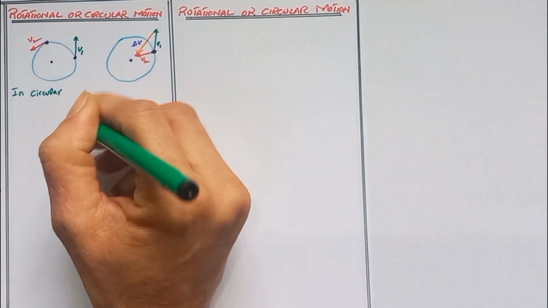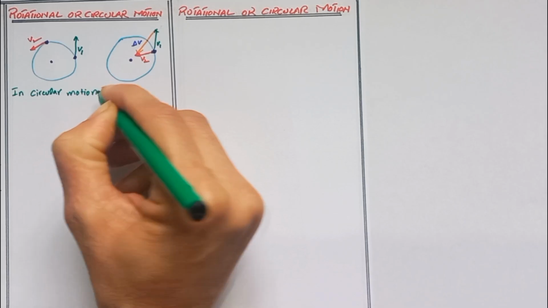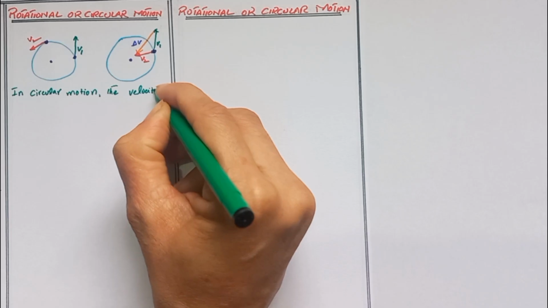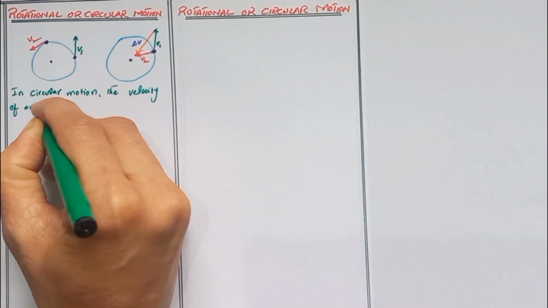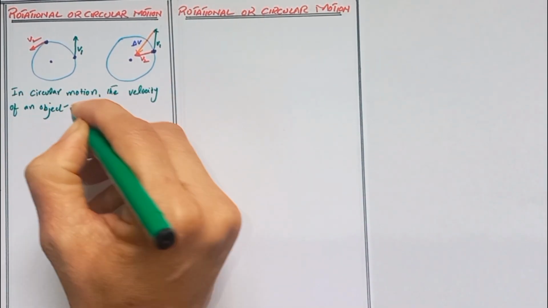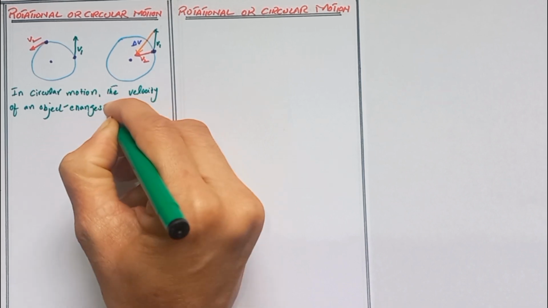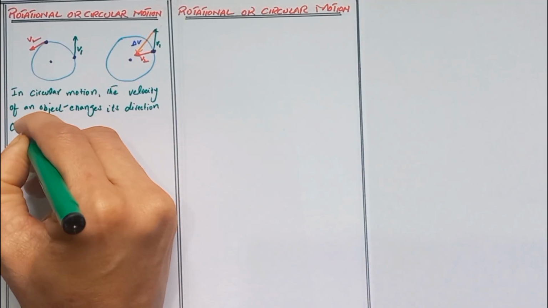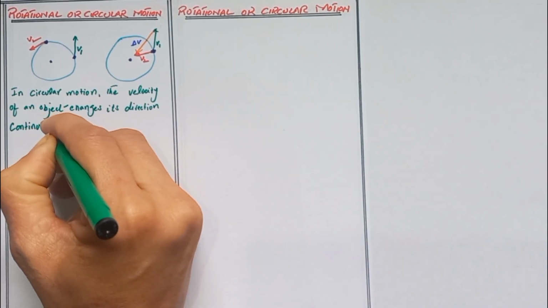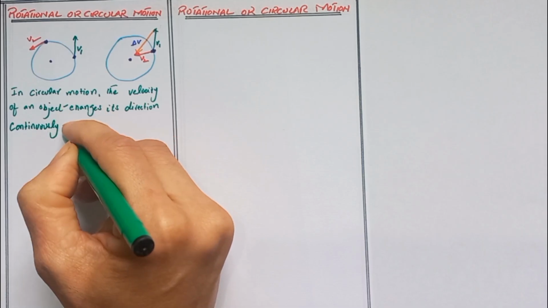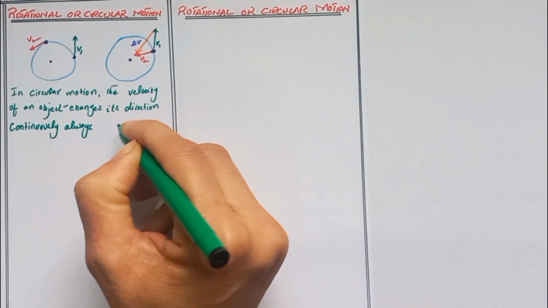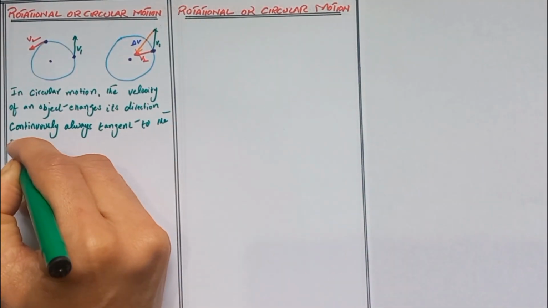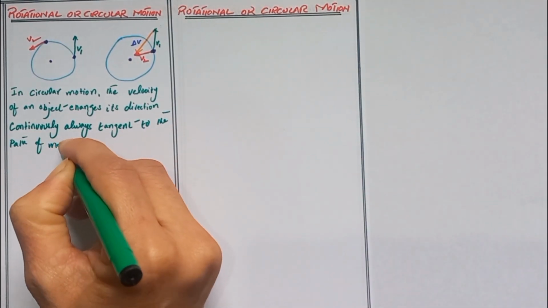So here we write that in circular motion, the velocity of an object changes its direction continuously, always tangent to the path of motion.